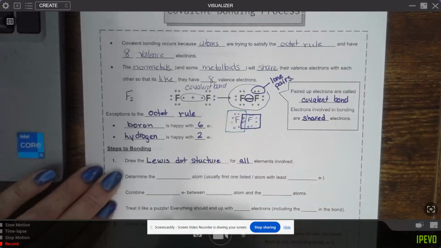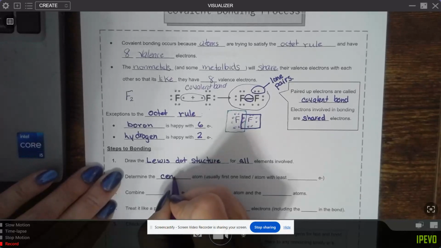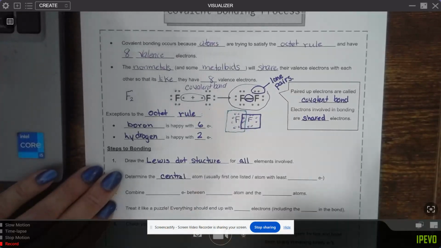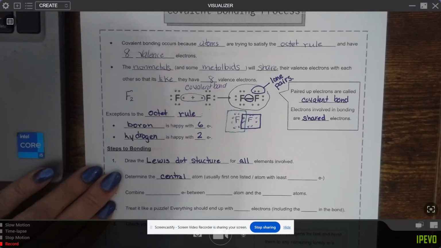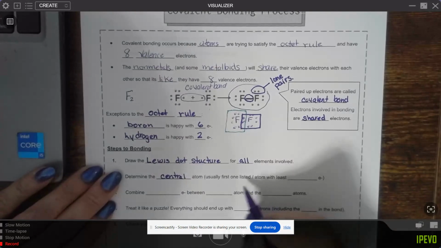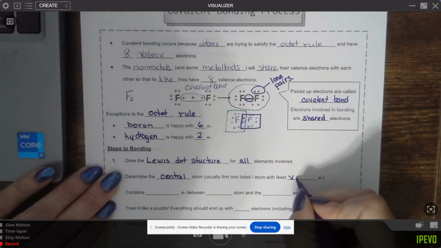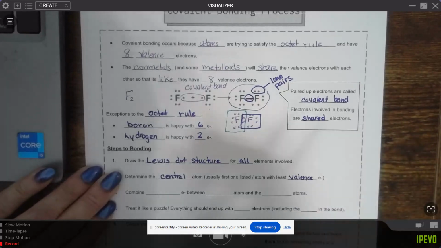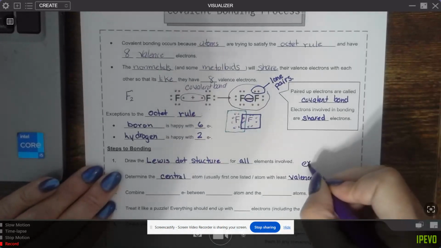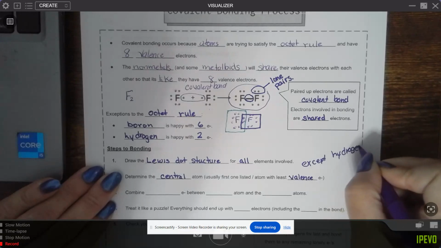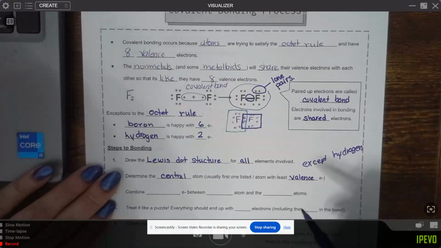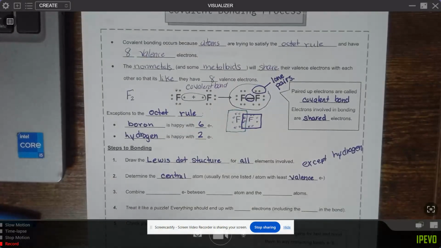Then we're going to determine the central atom, and 90% of the time it's the first one listed. If it's not the first one listed, it would be the one with the smallest number of valence electrons. This applies except for hydrogen, okay? Hydrogen is kind of an oddball because it only needs 2 valence electrons. So just remember this: hydrogen is never going to be the central atom.